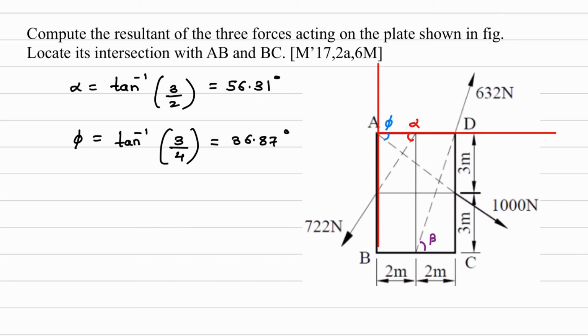Last angle is beta. Consider this triangle. In this triangle, tan beta is opposite side, which is 6, and adjacent side is 2. So beta is equal to tan inverse 6 by 2. From here you will get beta as 71.565 degree.